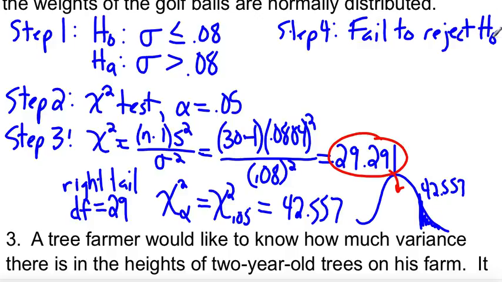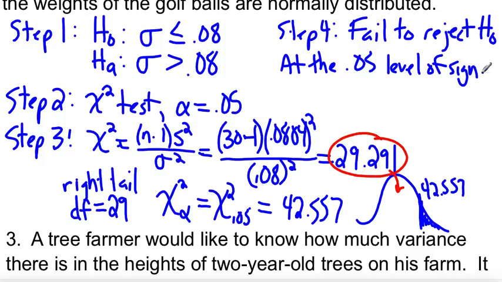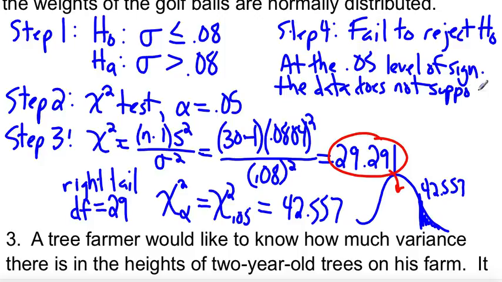Okay, so what does this mean? This means at the 0.05 level of significance, the data does not support that the standard deviation is more than 0.08.